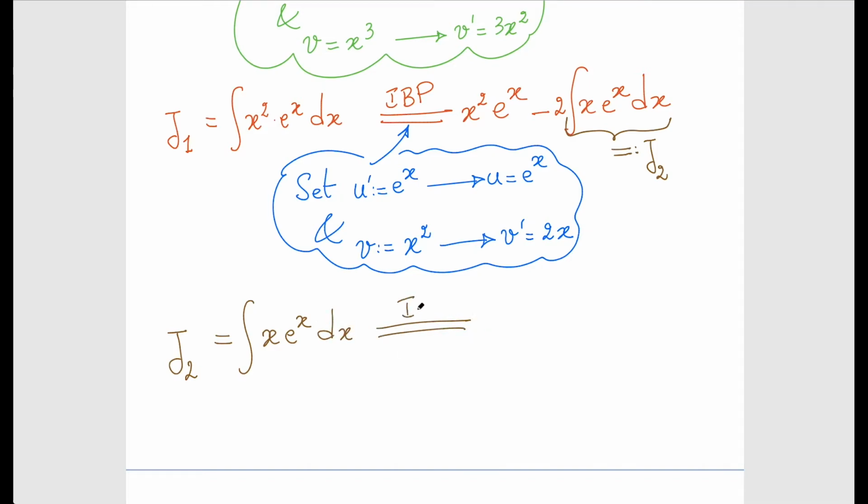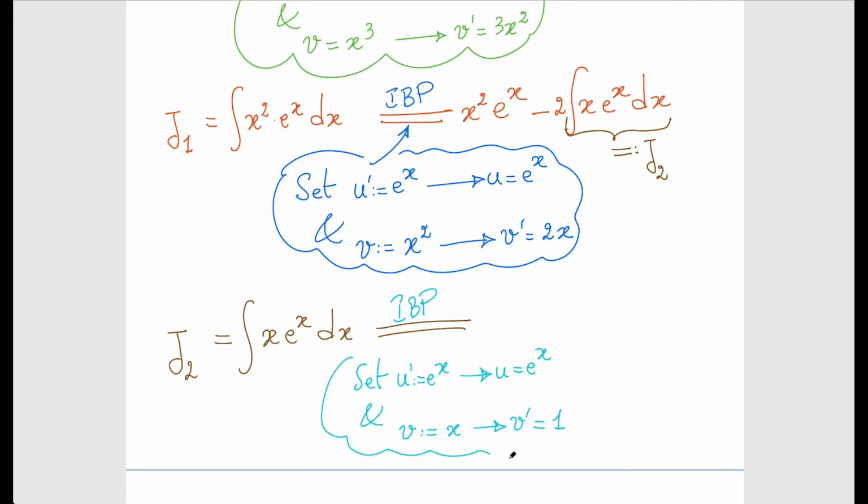If you integrate by parts again, technically this color here should be blue. Anyway, integration by parts: I'm going to set, same thing, u prime to be e^x, which forces u to be e^x, and v to be x, which forces v prime to be 1.